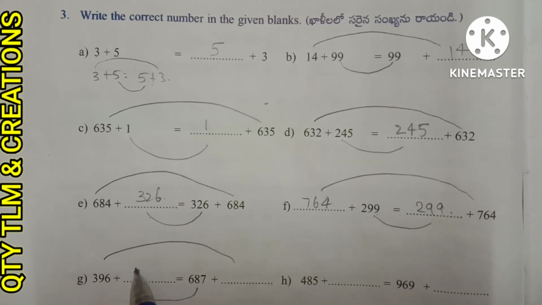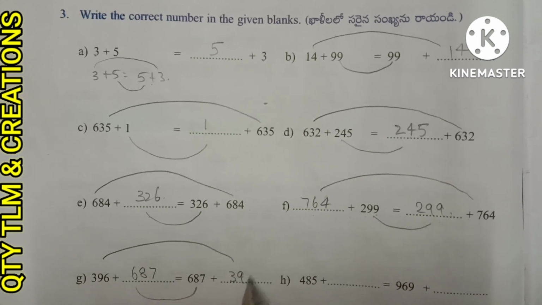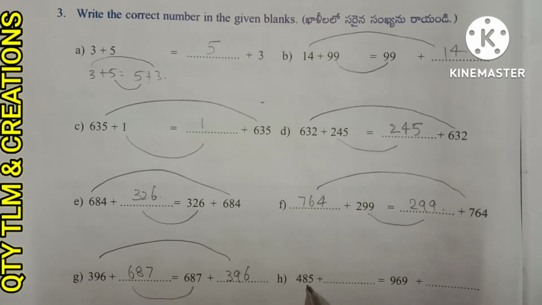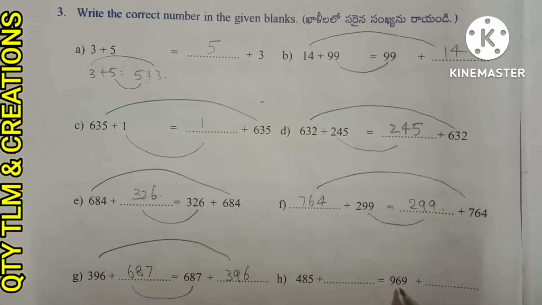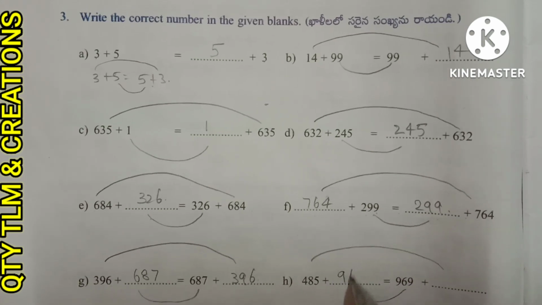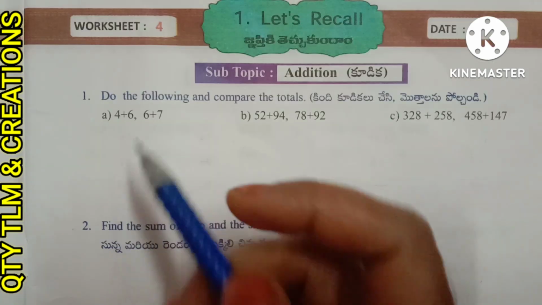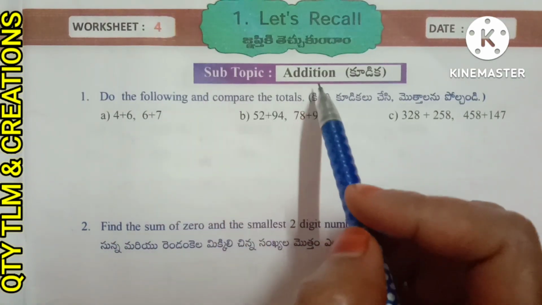So we have to write here 687 and here 396. Next H, 485 plus dash equals 969 plus dash. So we have to write 969, here 485.